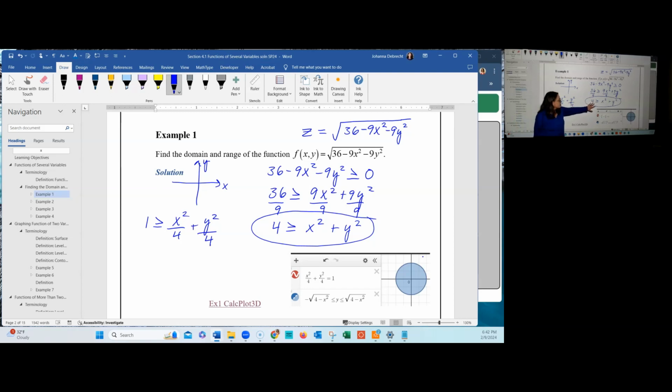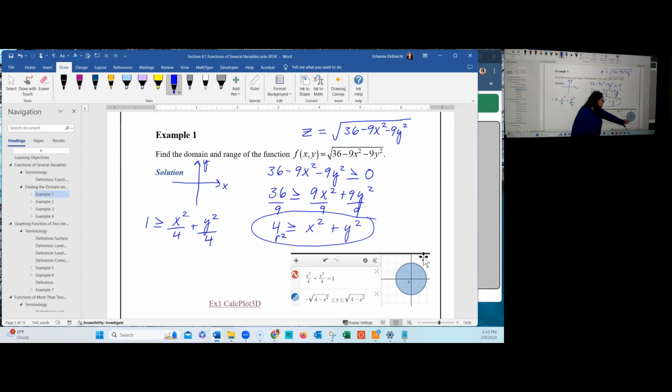Now, in this case, what it's actually saying is that 4, which represents the radius squared, is saying that the radius squared is greater than or equal to that. So 4 has to be greater than or equal to x squared plus y squared. So what does that look like? Well, first off, if it's equal, it is a circle of radius 2.